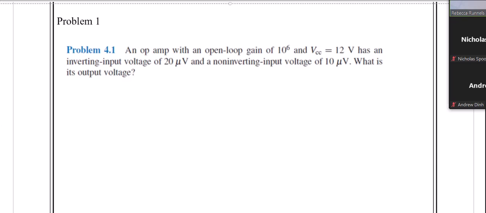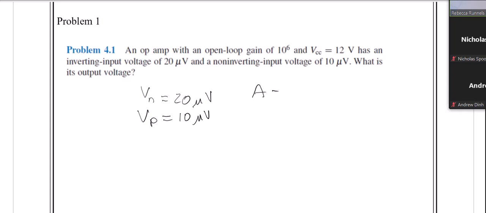What is its output voltage? So what this means when it says inverting input voltage of 20 microvolts, that means that Vn is 20 microvolts and Vp is 10 microvolts. The open loop gain, that's A, is 10 to the 6.